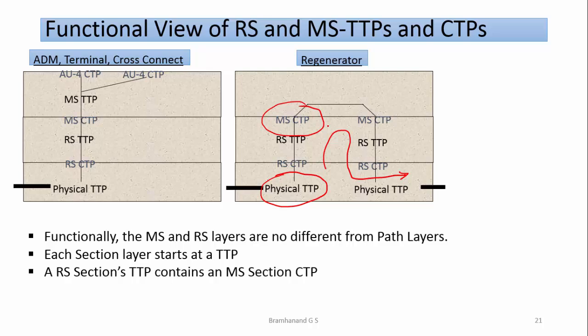Instead, it only reconfigures, realigns, or processes only the regenerator section overhead. As we know, the regenerator section TTP contains a multiplex section CTP, which is cross connected at the regenerator and made pass through.